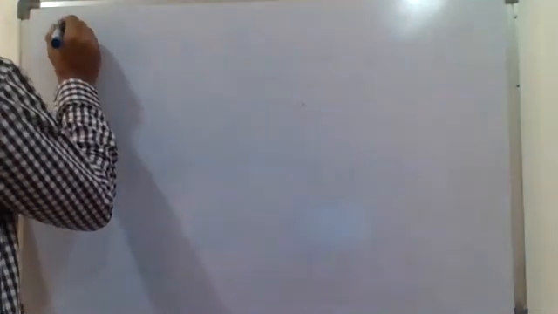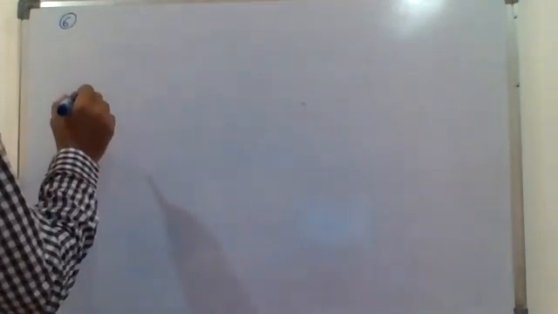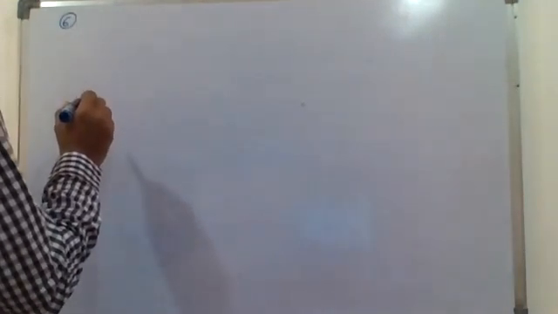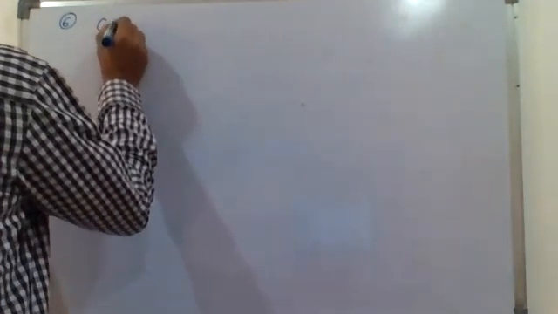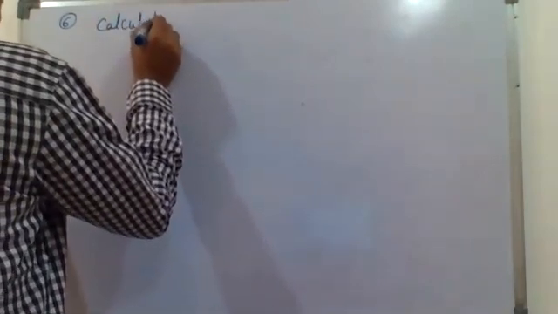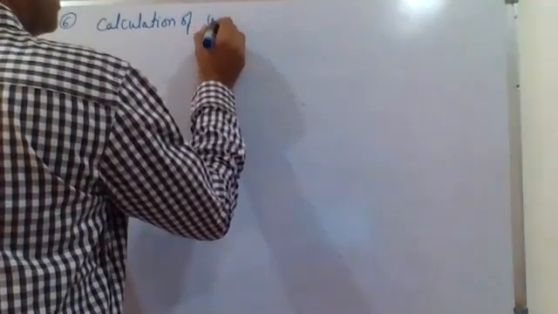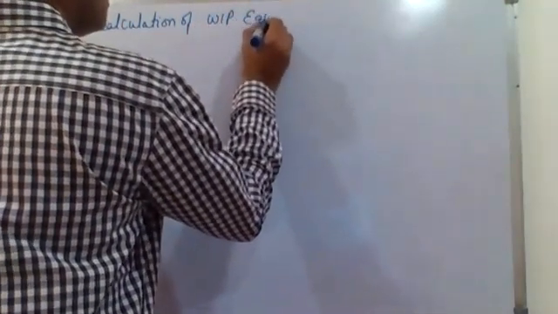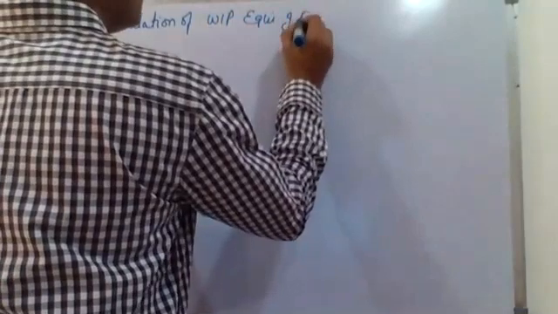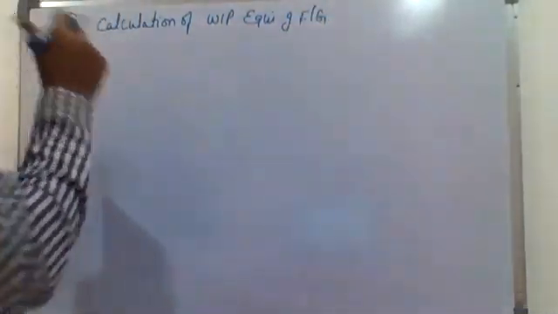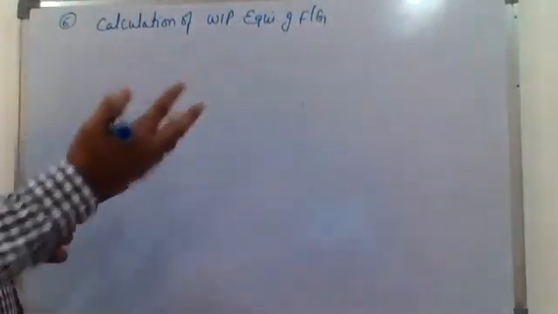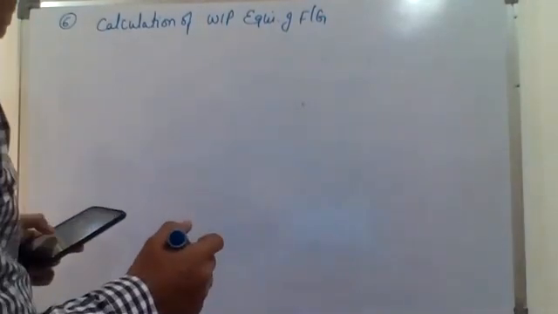Question number 6. We try to do the calculation of work in progress equivalent of finished goods. Now, equivalent to finished goods is what?